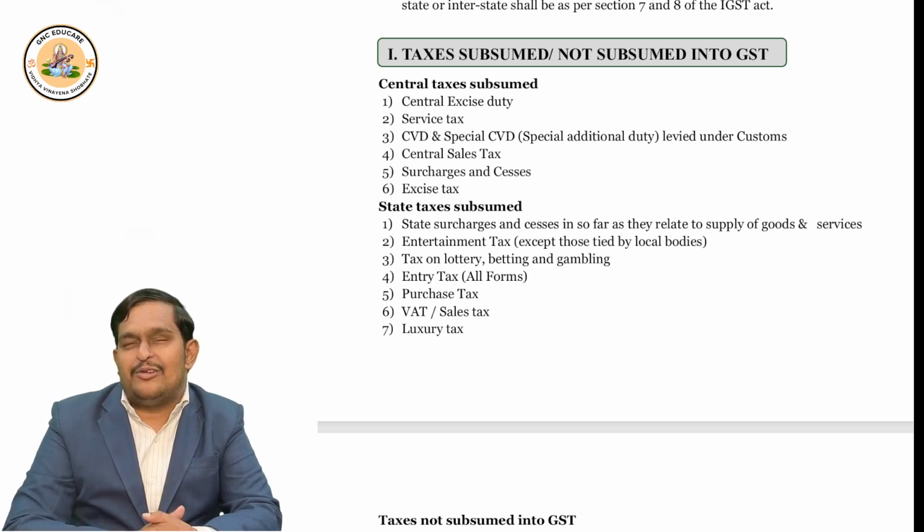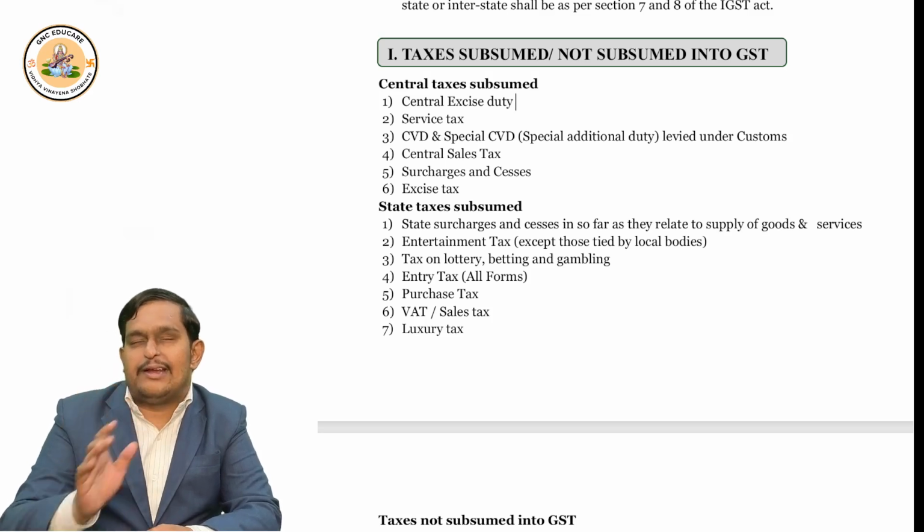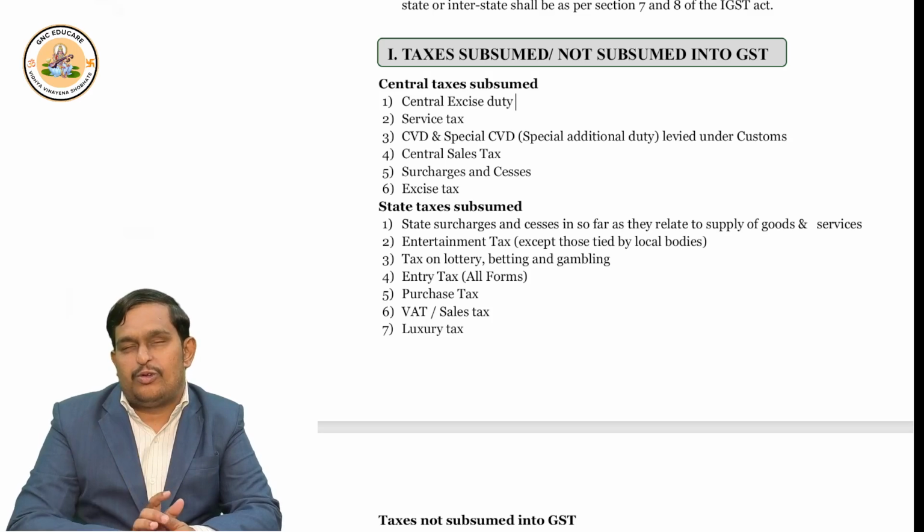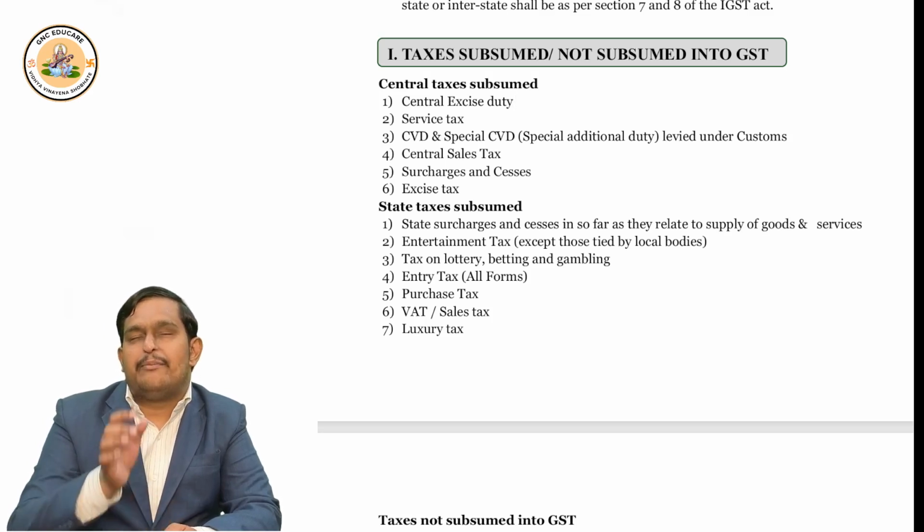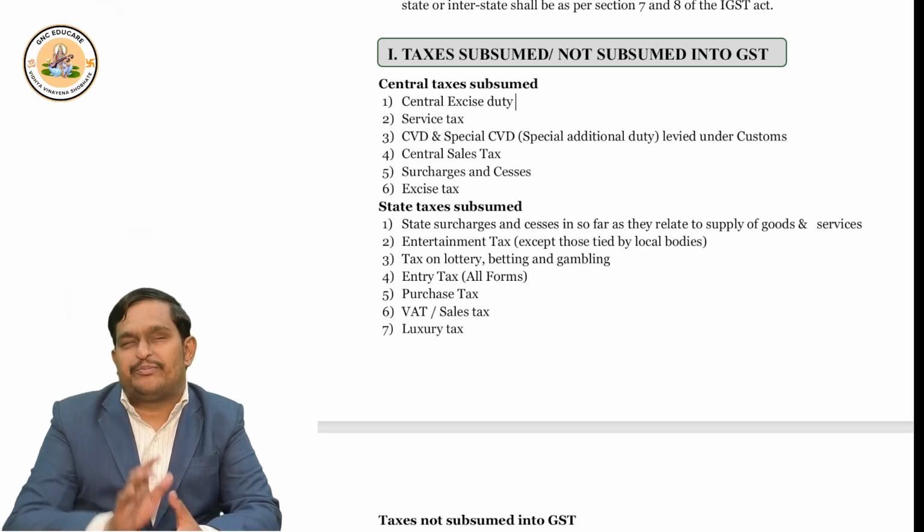One more thing I'll tell you, there are certain taxes which are not subsumed even after GST. That means they are independently continuing still now. They have not merged into GST. They are independently charged. What are they? First is basic customs duty.